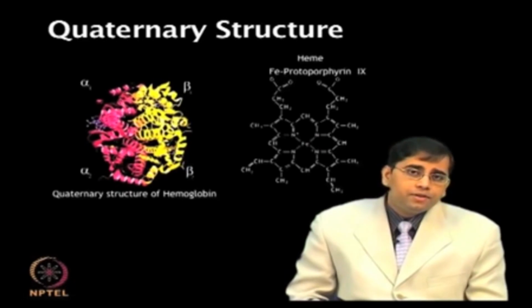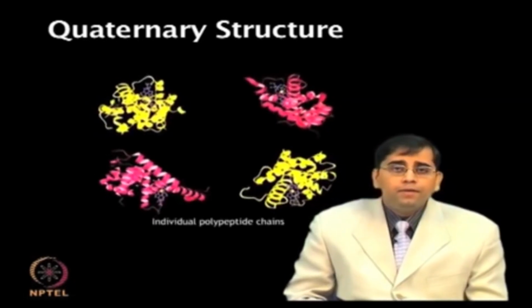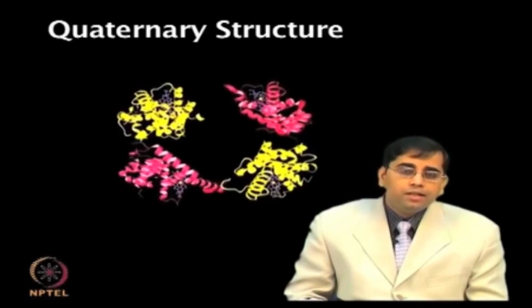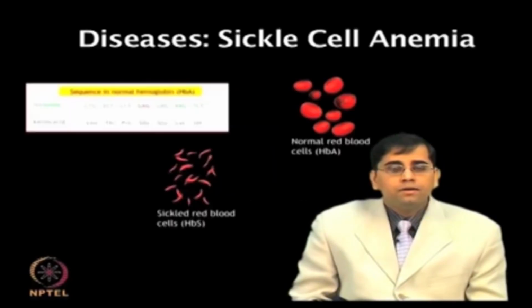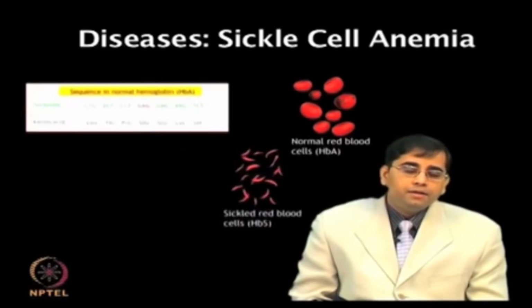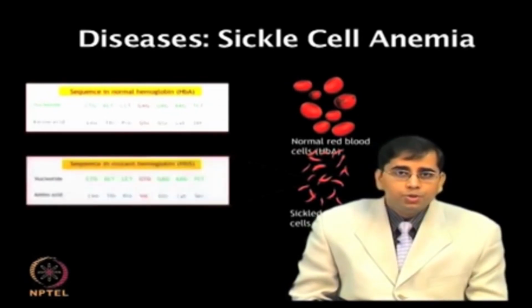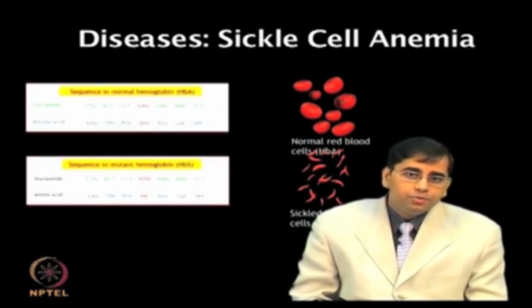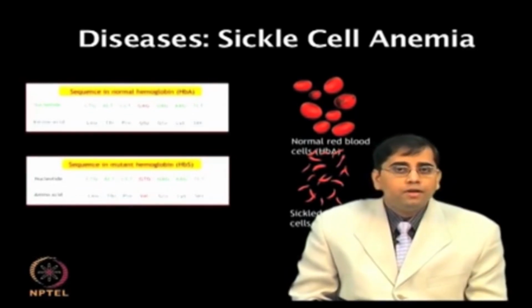The quaternary structure refers to the interactions between individual protein subunits in a multi-subunit complex. Sickle cell anemia is caused due to a single nucleotide substitution, which converts a glutamic acid residue to valine in the beta chain of hemoglobin.